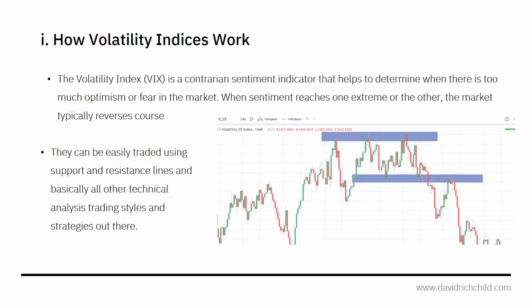When sentiment reaches one extreme or the other, the market typically reverses course. So they can be easily traded using support and resistance lines, and basically all other technical analysis trading styles and strategies out there.